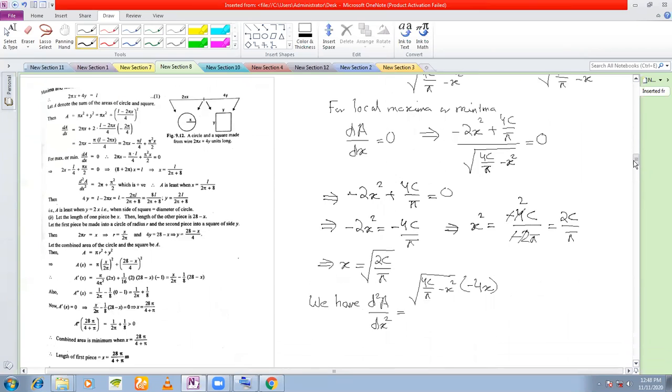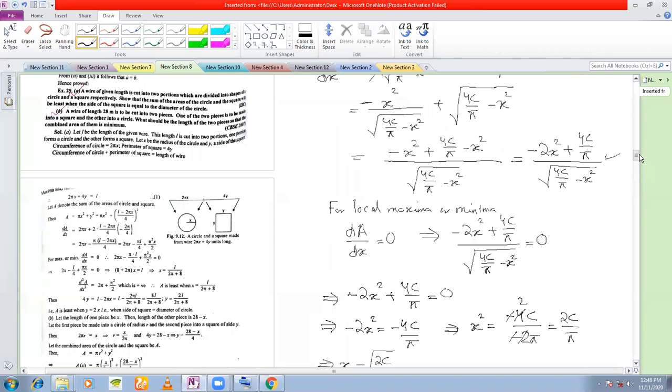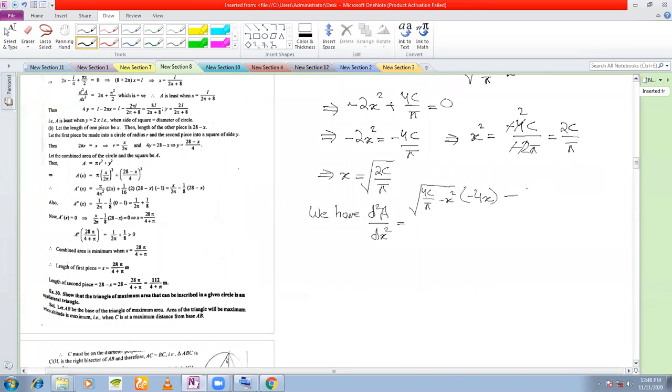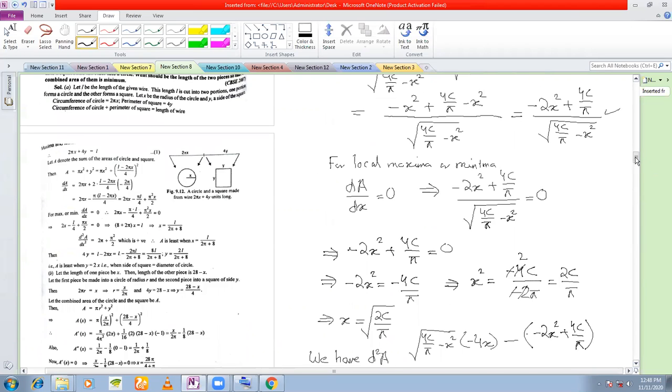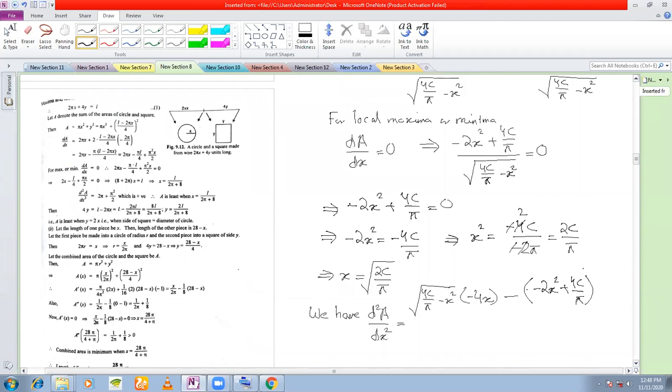Next, minus u. Which one is u? This u is minus 2x square plus 4c/pi, into the d/dx of the denominator. And what is the derivative of the denominator?